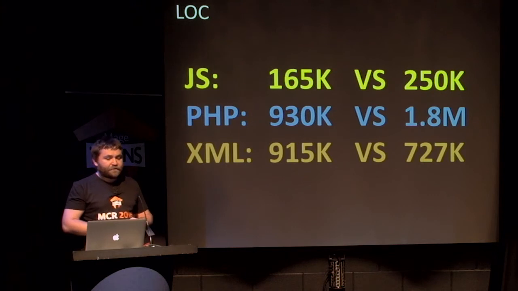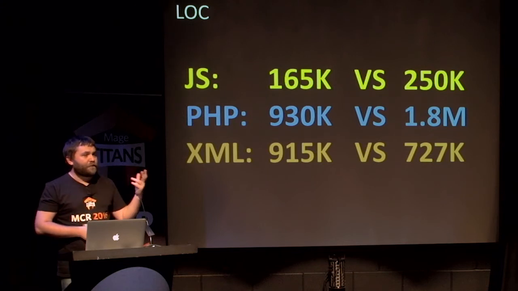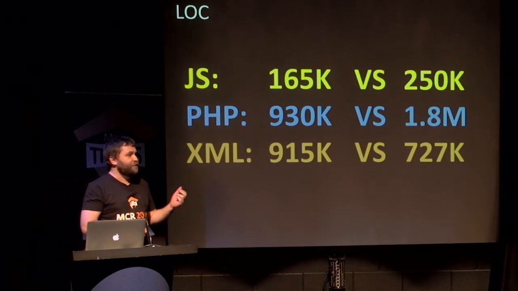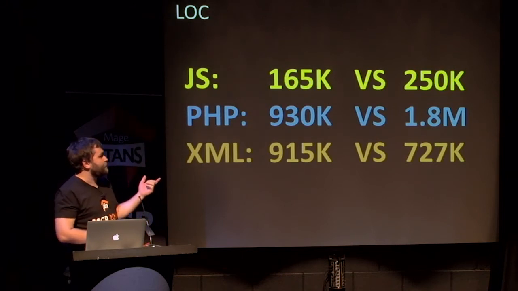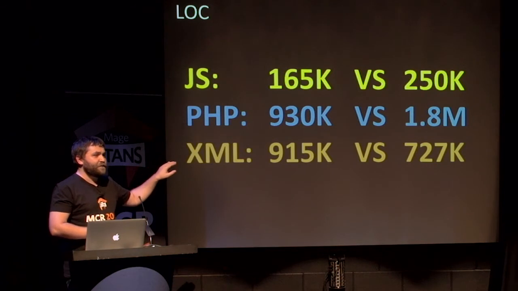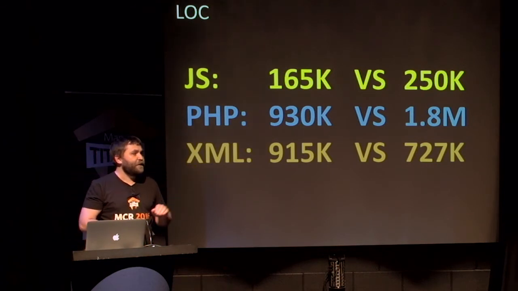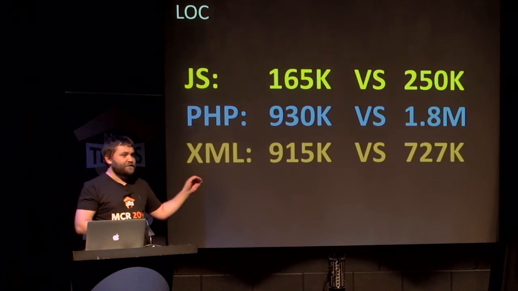If we look at lines of code, it gives us an interesting statistic: while we have 4 times more JavaScript files, the lines of code are not that much bigger. It's not even 2 times, it's like 1.6 times more lines of code for JavaScript. For PHP it's 2 times more lines of code. And for XML, it's even less.